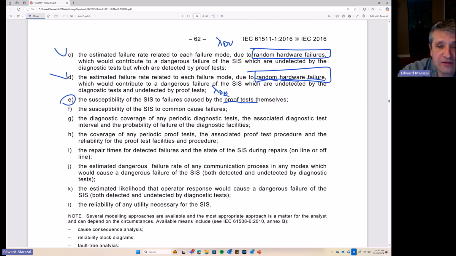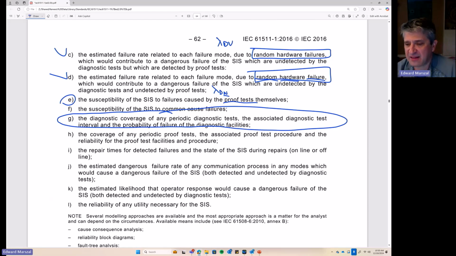Okay, so does anybody actually do this? Has anybody included a lambda for my technician poked a hole in the float with the 2x4? I have never seen anyone actually include this in a SIL verification calculation. And guess what?